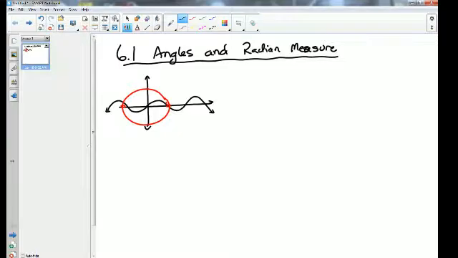If I draw you a circle, and I say that the circumference of this circle is 2 pi, can you calculate the radius?